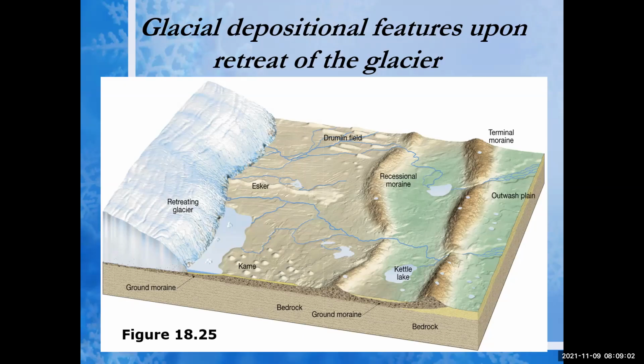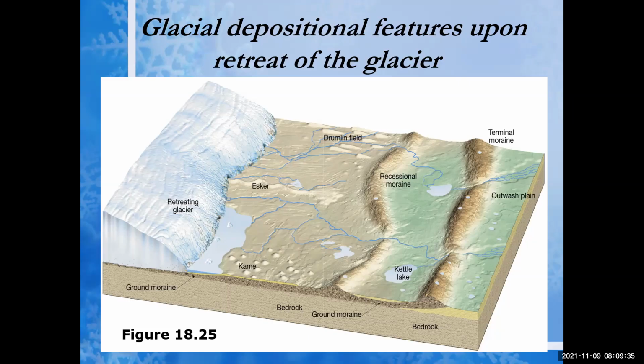I want to mention that maybe the most distinctive feature, or something that we utilize to identify evidence of glaciation most distinctly, are what we call moraines. You've heard that term used already a few times. And so what you see in this image here are moraines generated by a glacier reaching its furthest reach and then melting and retreating.